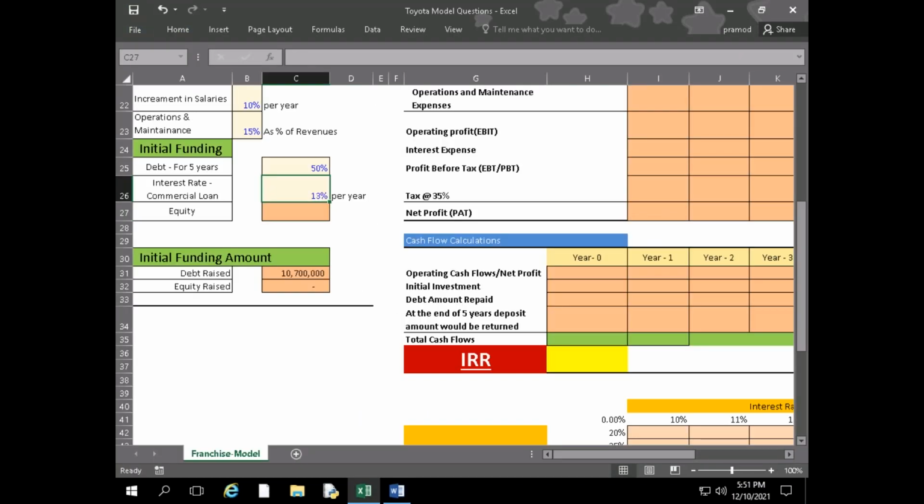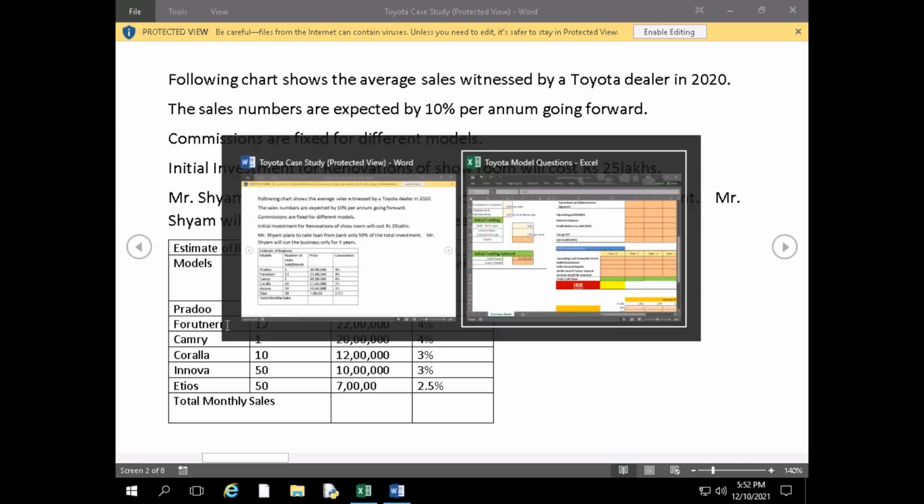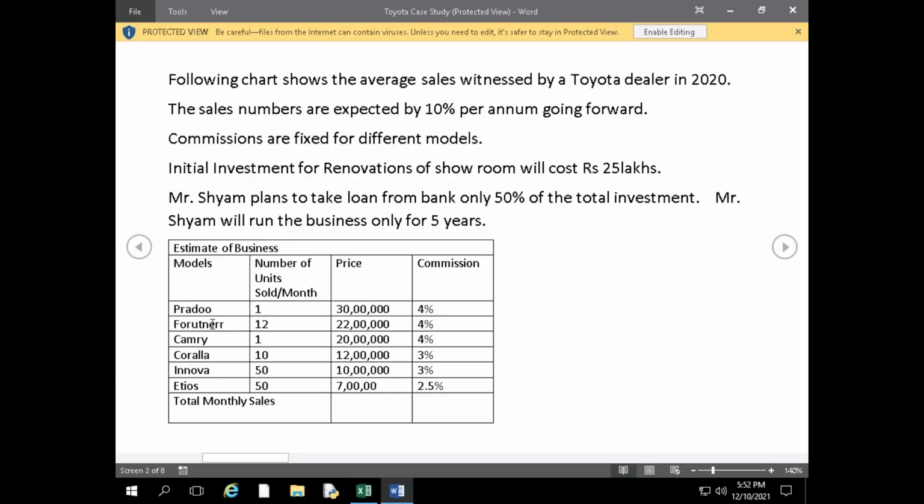But what is this, sir, the estimate of business you have given us? Prado, Fortuner, car model names. Estimation of the business: the number sold, the commission percentage and the price of these models. So write 13%.